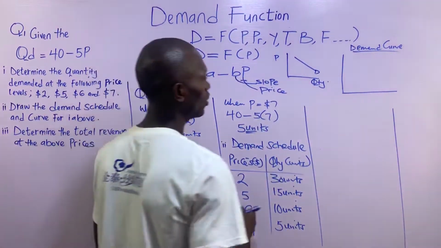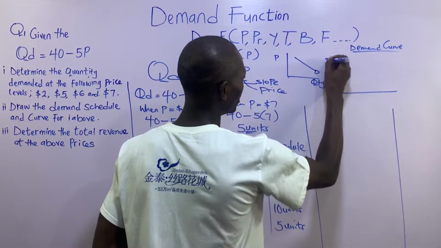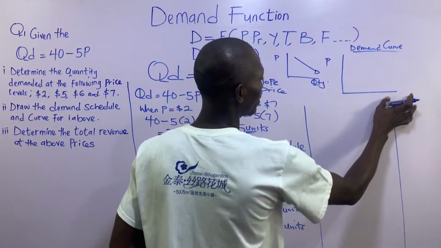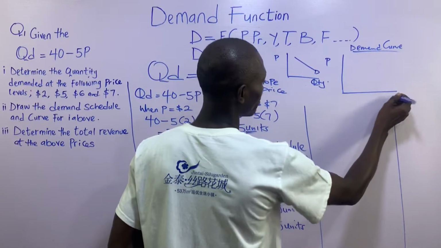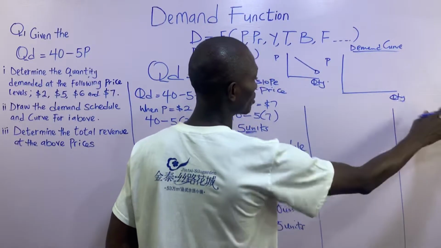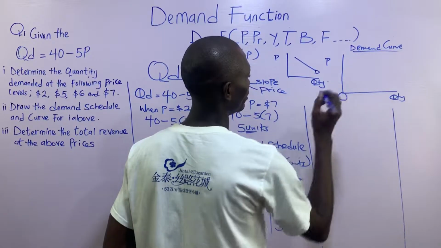This is the price region, the vertical axis. This is the quantity demanded region, the horizontal axis, and this is the origin here.